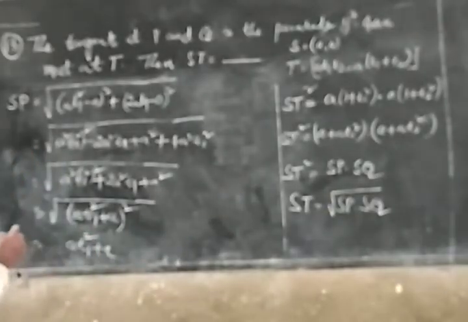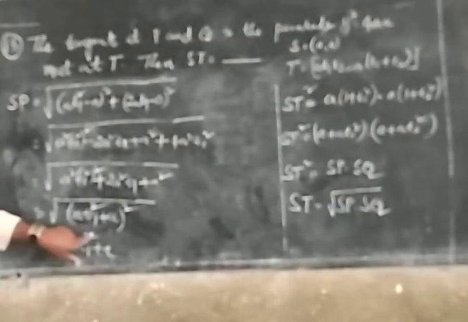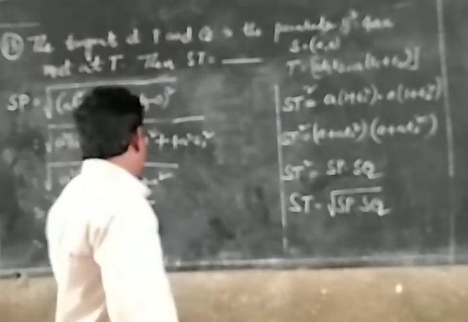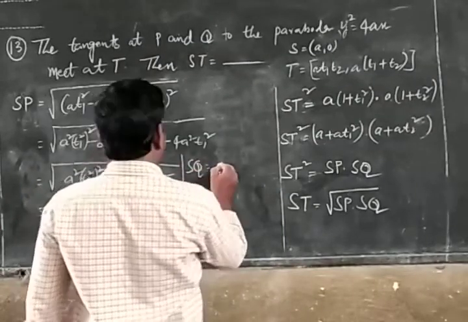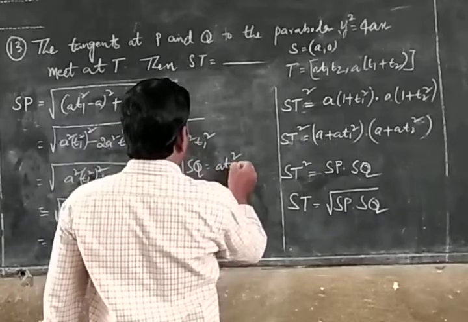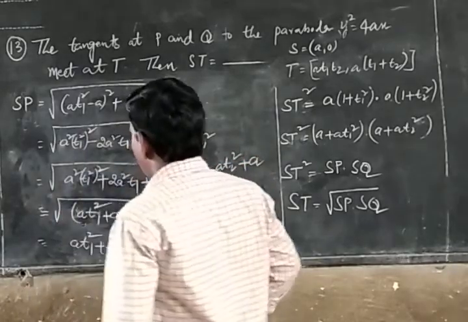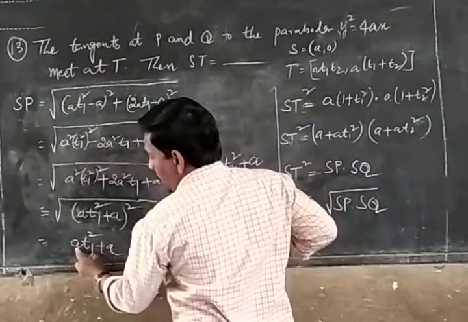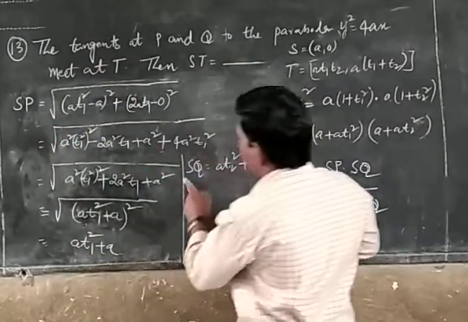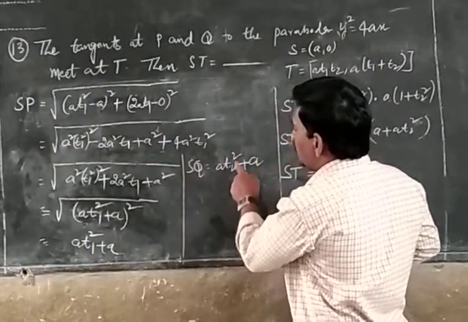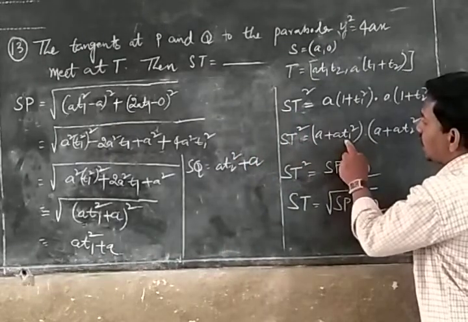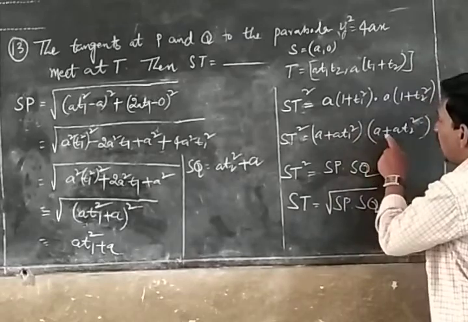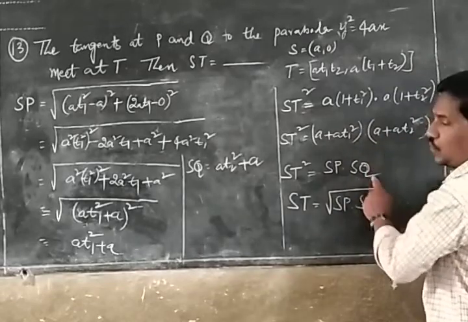So SP equal to a t1 square plus a. So similarly, SQ equal to a t2 square plus a. Similarly SP means a t1 square plus a, SQ equal to a t2 square plus a. So that's why a plus a t1 square means SP, a plus a t2 square means SQ.